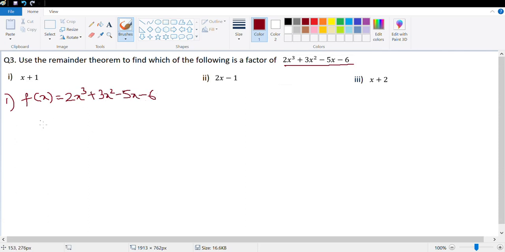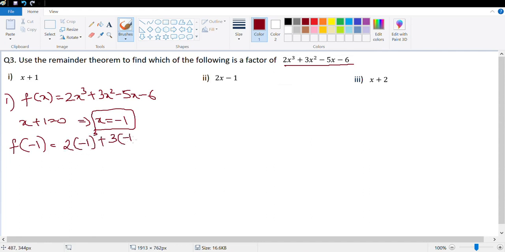In the first case, x plus 1 is equal to 0, which means x is equal to negative 1. Let's figure out the value of f of negative 1. That will be 2 times negative 1 cube plus 3 times negative 1 square minus 5 times negative 1 minus 6.